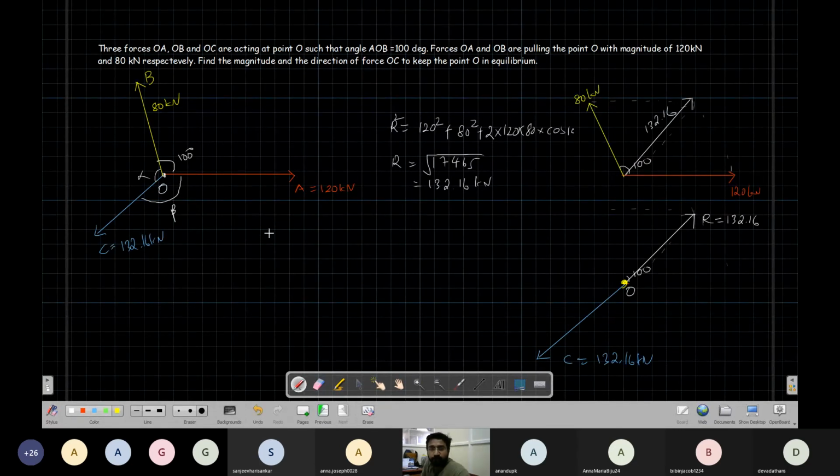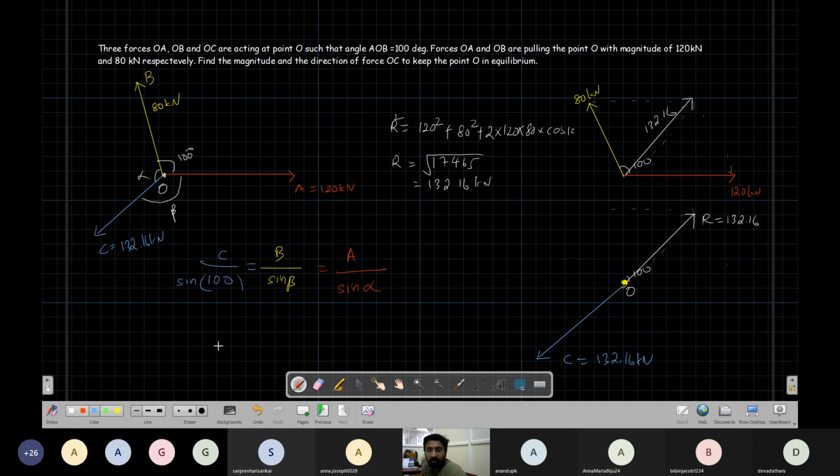So let's say 132.16 upon sin 100 should be equal to B upon sin beta, should be equal to A upon sin alpha. So I'll just take these two, and I can get the value of beta.